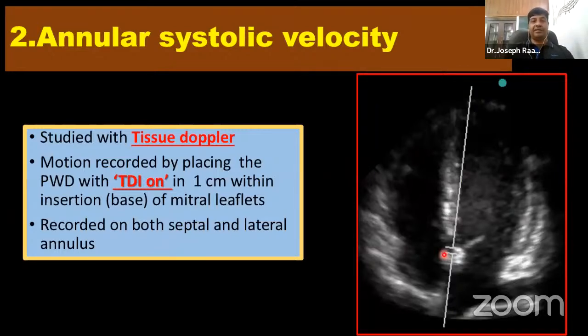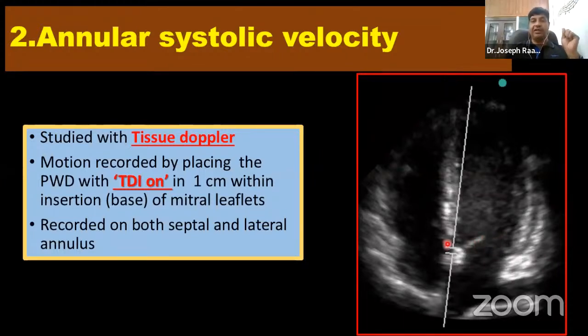The second thing is our annular systolic velocity. Here we are not analyzing the velocity of the blood flow; we are analyzing the velocity of the tissue, that is, the annulus of the mitral valve. It can be done both at the septal as well as the lateral side. Since the velocity of the tissue is not as high as that of the blood flow, we need to filter out the higher velocities.